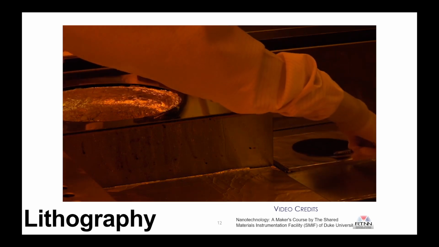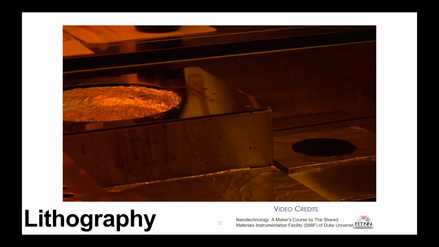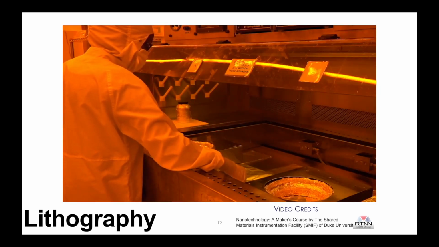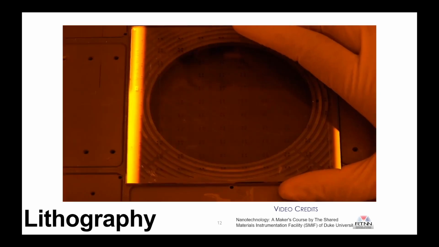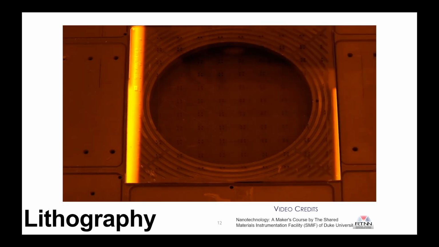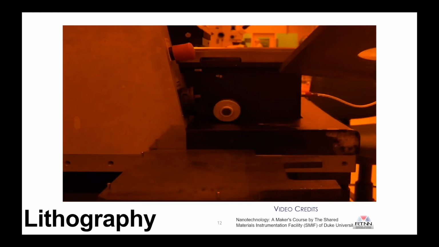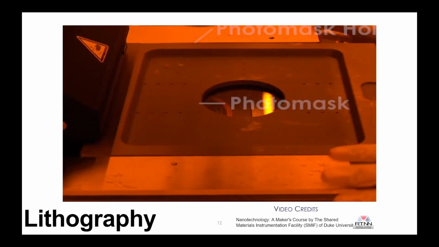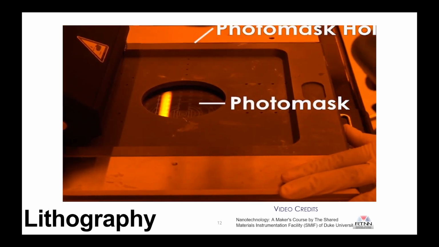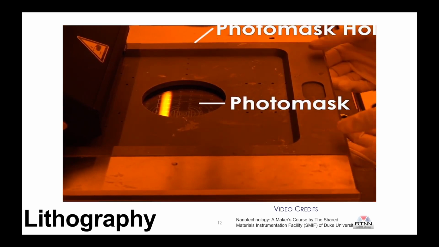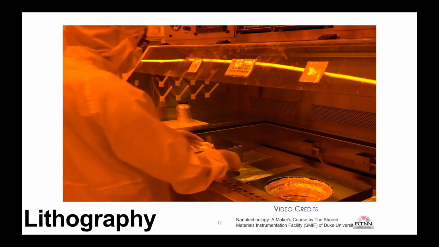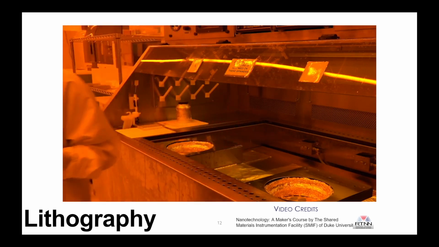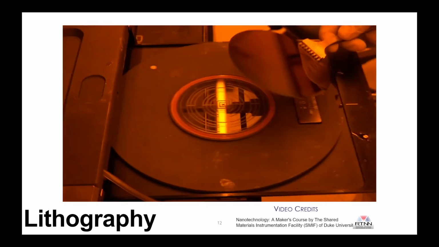Now they have coated the photoresist on the silicon wafer. Now they do the baking, soft baking. Now they have put it in the photolithography machine. This is the photomask. This is mask photolithography, not maskless.